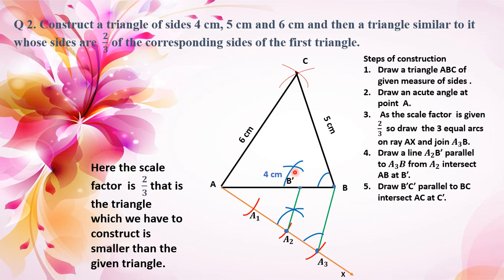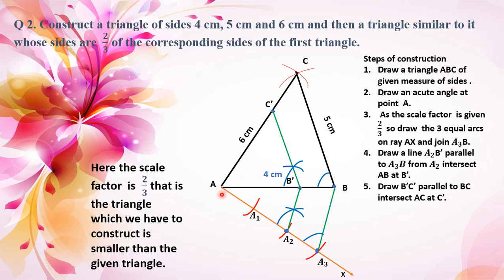So we join B dash with this intersection point, and we get angle B dash equal in measure to angle B. B dash joined with this intersection point of the two arcs intersects AC, the third side of the triangle ABC, at a point; let this be named C dash.